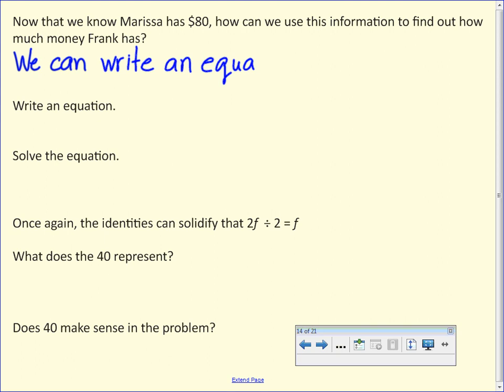We know what Marissa has, so we can use Marissa's tape diagram.